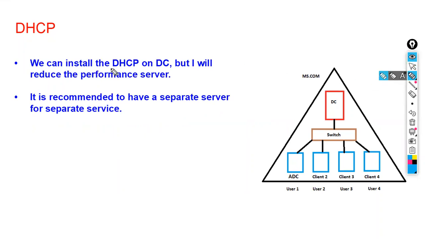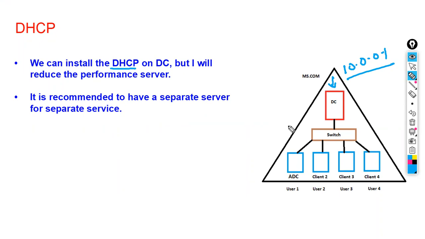So we can install the DHCP server on a domain controller as well. So we have a domain controller, and the IP address of this domain controller is 10.0.0.1, but it will reduce the performance of this server. So it is recommended to have a separate server for a separate service.